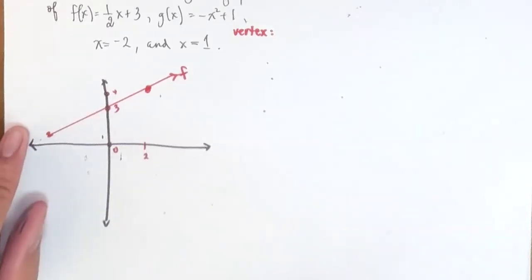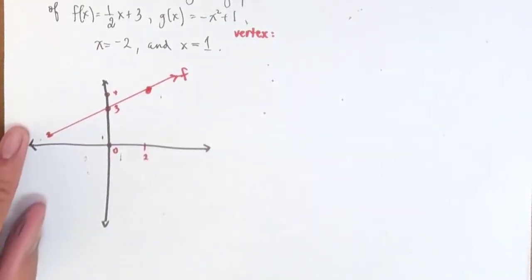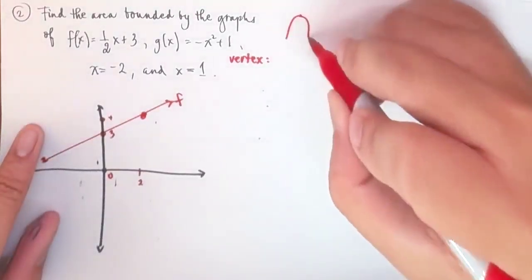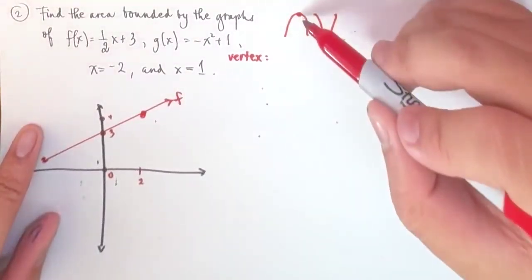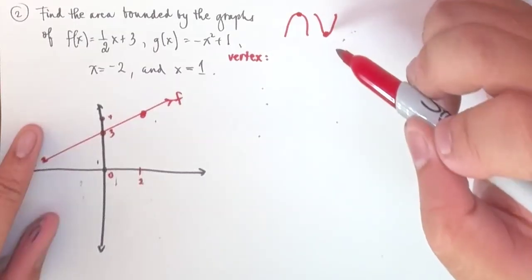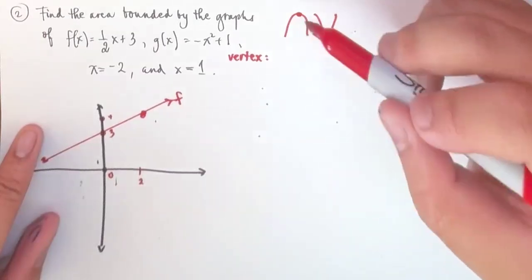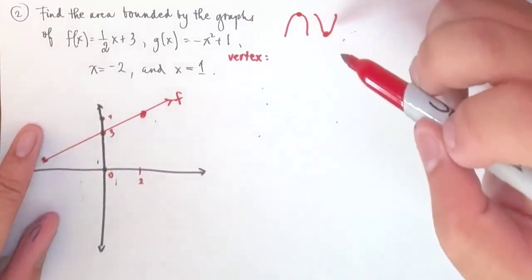The way that you subconsciously know, but don't really realize that it's the vertex, is remember in 30.13 when you're asked to find the critical points? You find the derivative and you equate to 0. That is the x coordinate of the vertex. Because the vertex is where the minimum or maximum is. Remember, a parabola either looks like this or looks like this. So the vertex is where the minimum or maximum occurs.